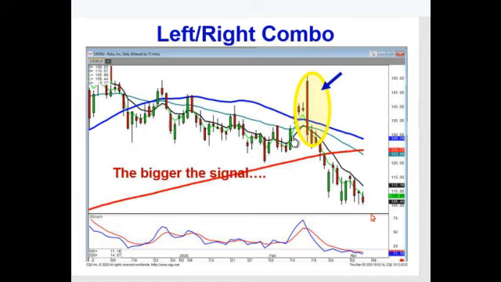And how long do you stay short on this one? Until you see a buy signal and a close above the T-line. Now, on something like right here, you might have covered your short position because it looked like in the oversold area they were starting to see some buying, and then you were waiting to see if it was going to get up above the T-line. But same logic.